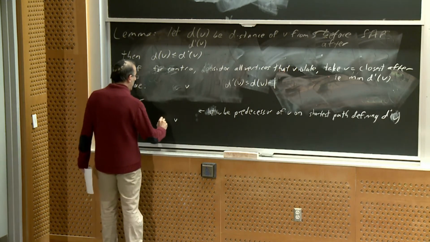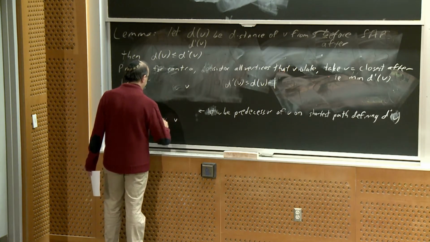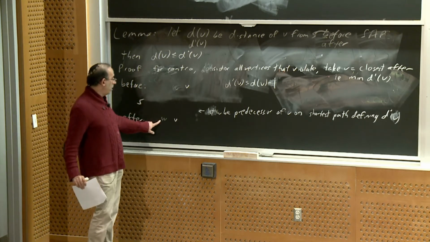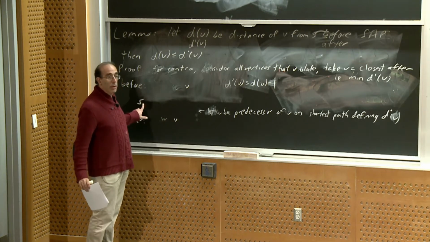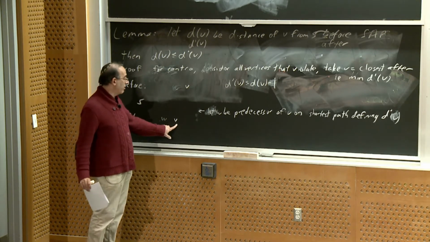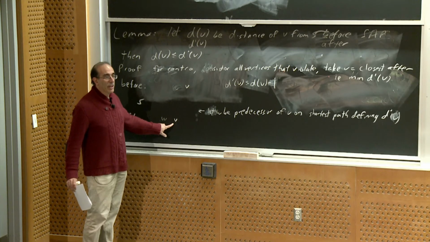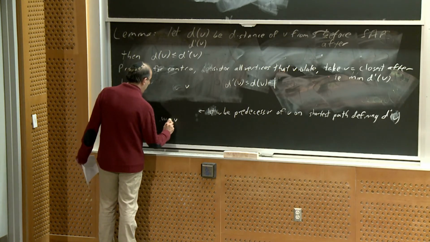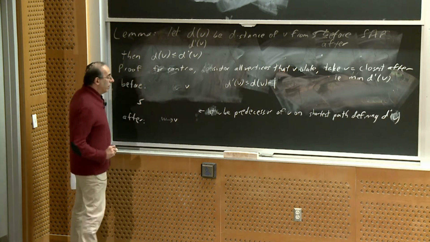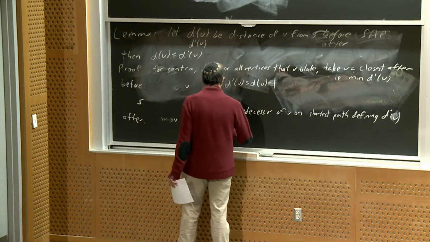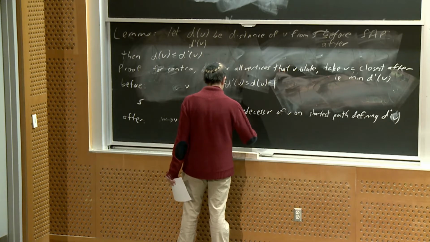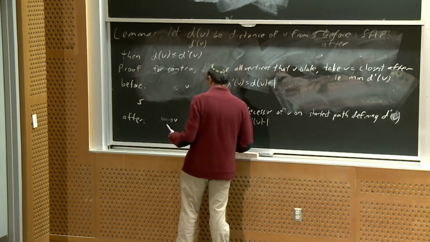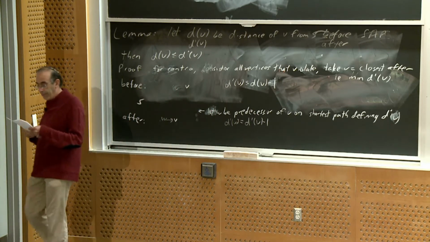Well, by definition of shortest path, W is one step closer to S, because that's what defines the distance from S to V in the after situation, right? So there's an edge from W to V, and we know that d prime of W is equal to d prime of V minus 1, right?